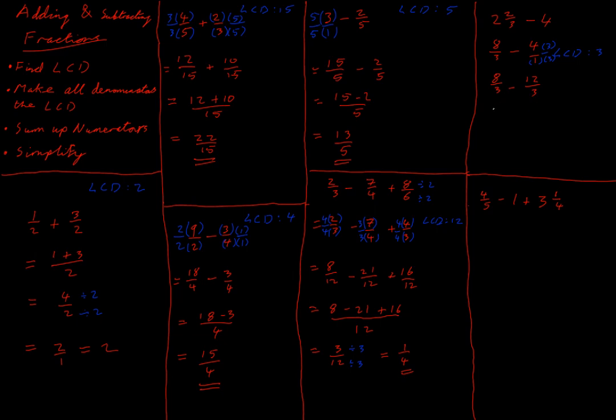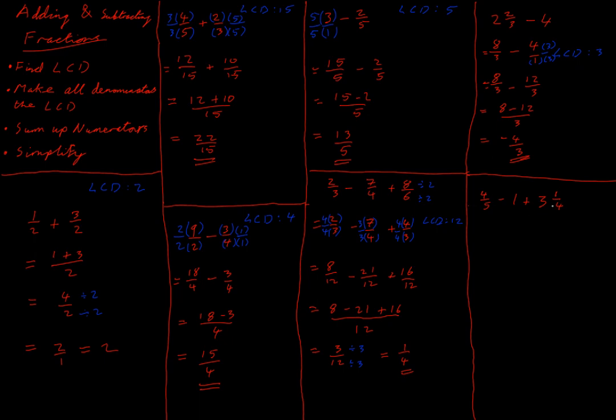And when I sum up my numerators, 8 minus 12 all over 3. When I do that out, I get minus 4 over 3. So this time a negative number, and there's no simplification we can do, so that's our job done.